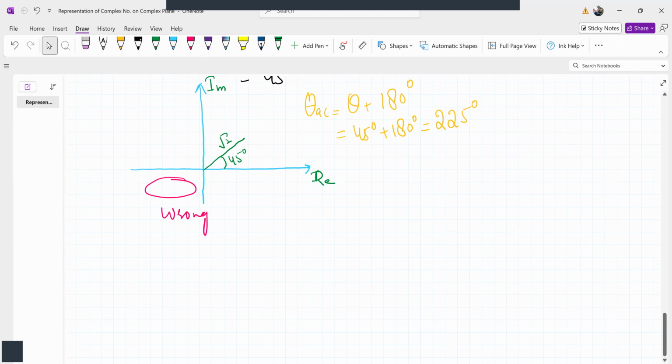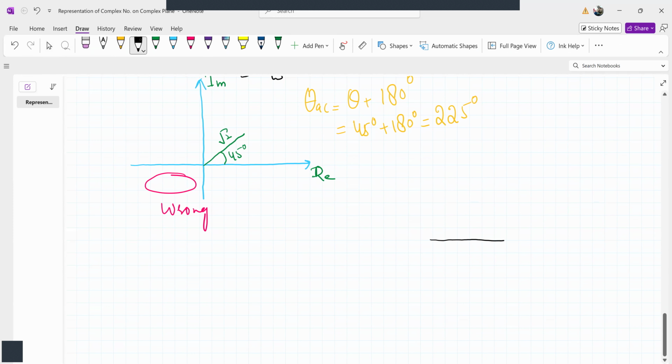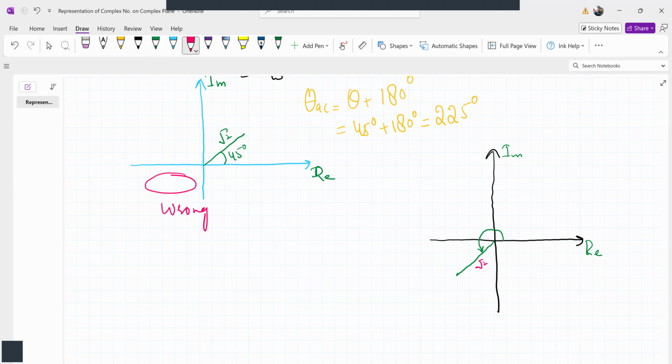So we'll draw a vector on this complex plane that makes an angle of 225 degrees. 180 plus 45 is 225. So somewhere here. So this will be the vector. This vector's magnitude is root 2, and this is 225 degrees. So this is the correct way to draw this. Okay, so this result is correct.